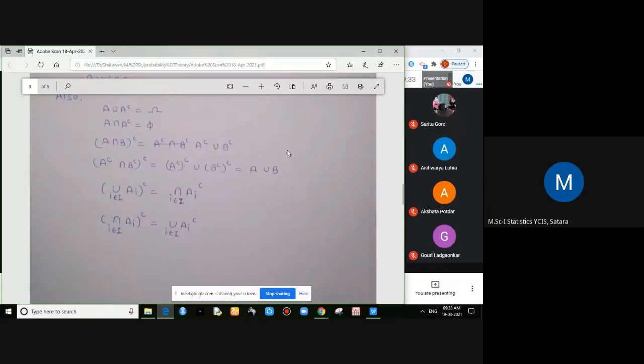Is it right? Is it right or wrong? Sorry, A intersection B whole complement is the A complement union B complement.